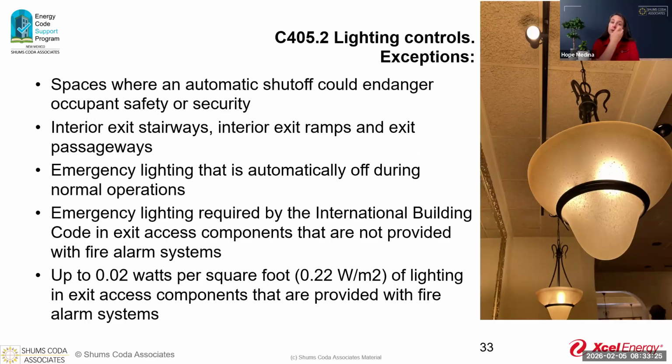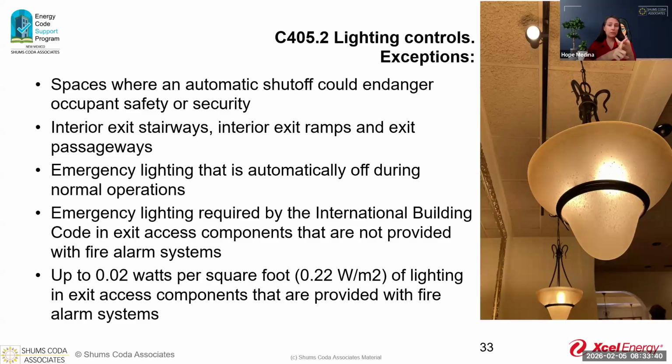Now, there are some exceptions, right? If a control in this space would endanger the safety and security, then that would be exempt from it.